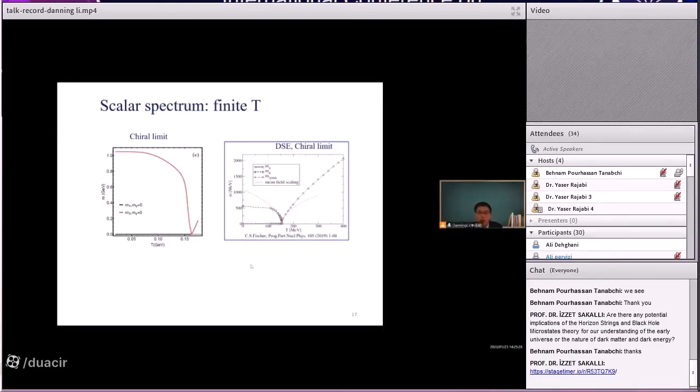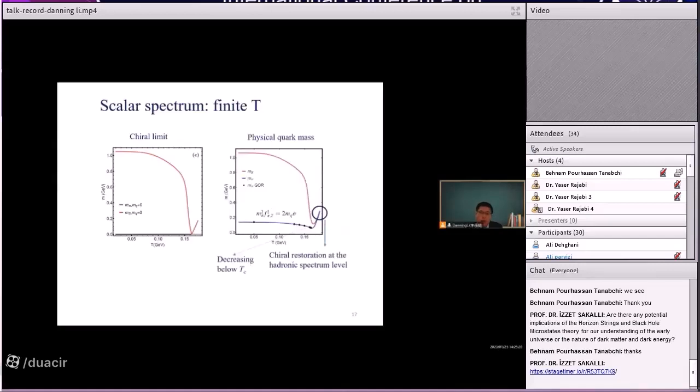And later we increase the quark mass and go to the physical quark mass, which increases the pion mass in the vacuum to the experimental value. We can see that the qualitative behavior of the sigma meson is not changed much. But now the mass of the pion is no longer 0, but it decreases with increasing temperature.